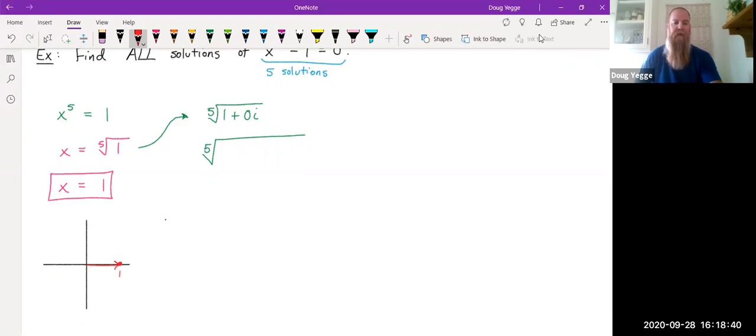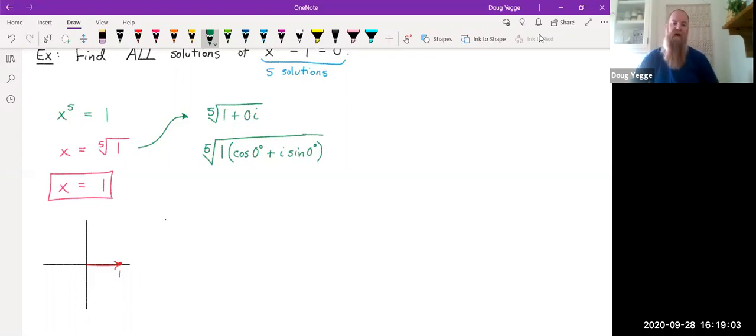And therefore, in trigonometric form, that's simply going to be a radius of 1 times cosine of 0 degrees plus i sine of 0 degrees.